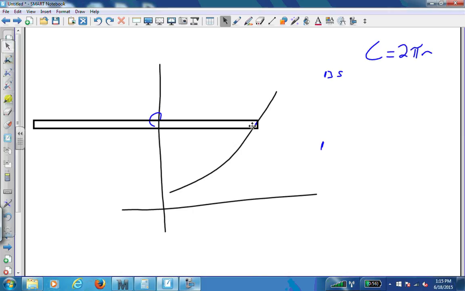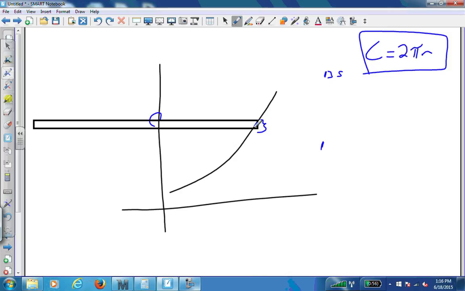So if we want the surface area of that, if we were to cut it and unwind it, we would take the length, which is how far it traveled around, 2 pi r, times the width, and the width will just be whatever that length is.